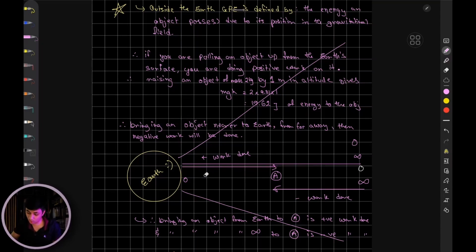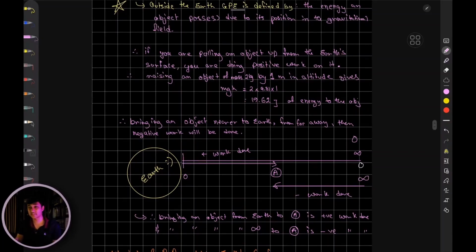The energy the object will possess at infinity is zero because no force is being exerted on that object. However, at the surface, if you consider the energy to be zero, you cannot increase the value from 0 to 0. That is, you cannot do positive work and transfer your own energy to the object and increase it to 0. That is not possible.